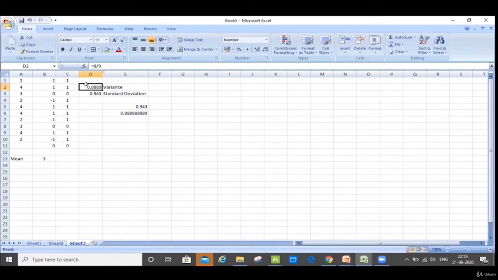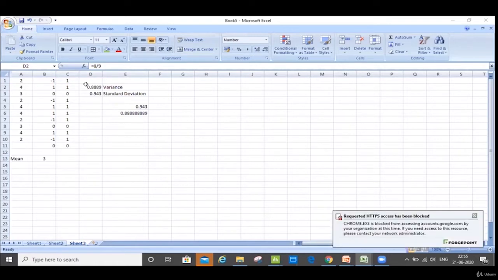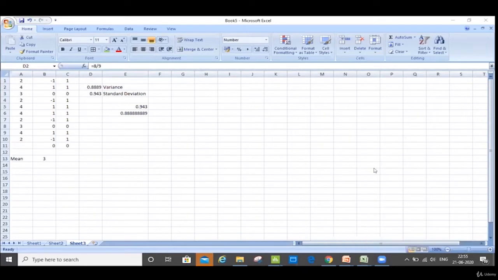And from there, to get the standard deviation, we simply took a square root of it, because what we had calculated as variance is pretty much like the average of the square of the difference between the mean and each and every data point.